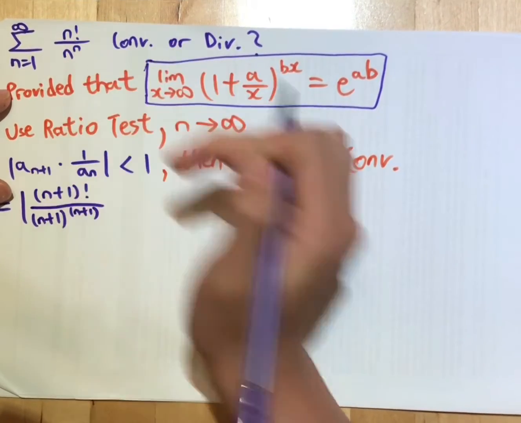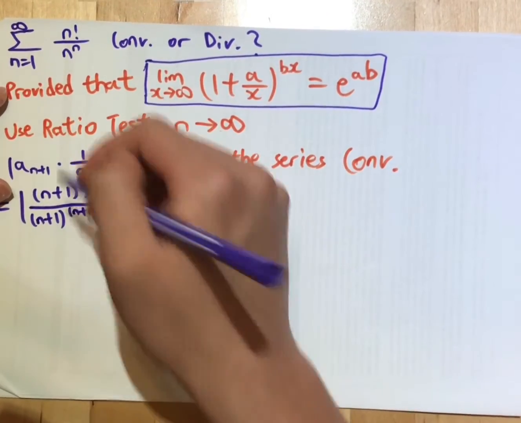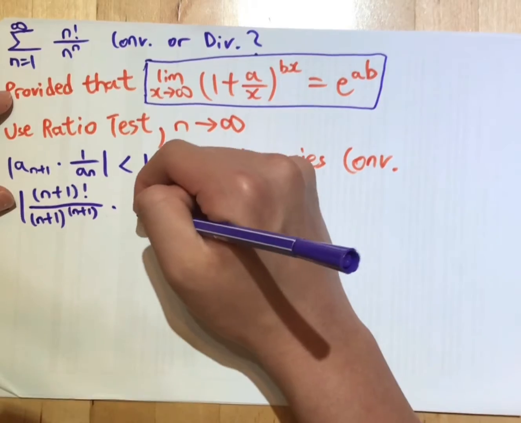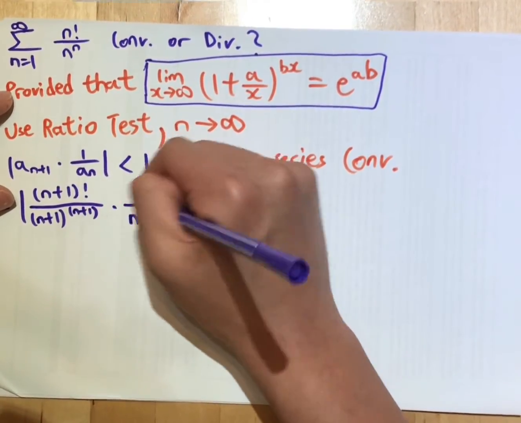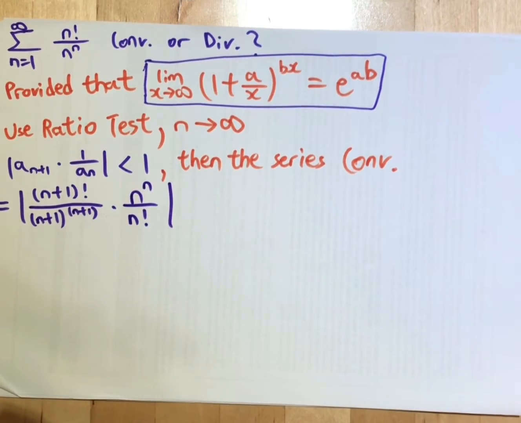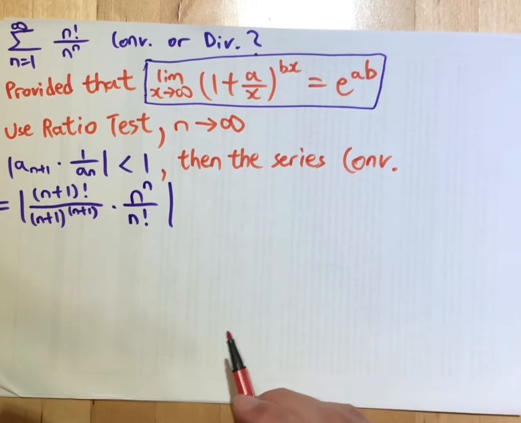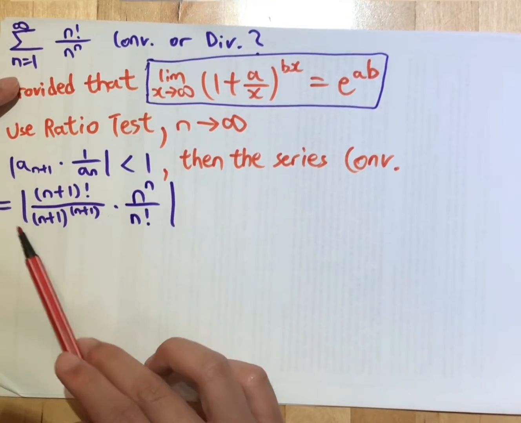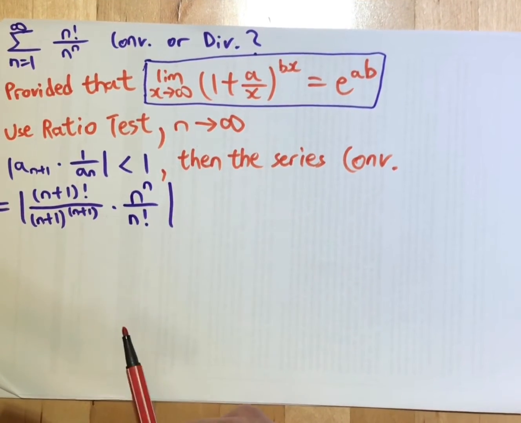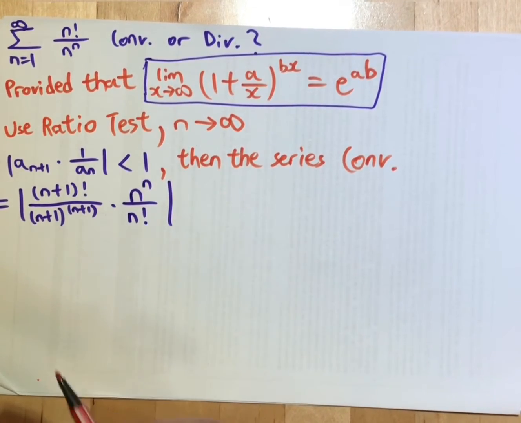The n becomes n plus 1 because we want a sub n plus 1, and then the reciprocal of this series, which is n factorial, goes to the bottom, and n to the n power goes to the top. So now maybe we can do some simplification. First of all, the whole thing here should always be positive, right? So we can ignore the absolute value.